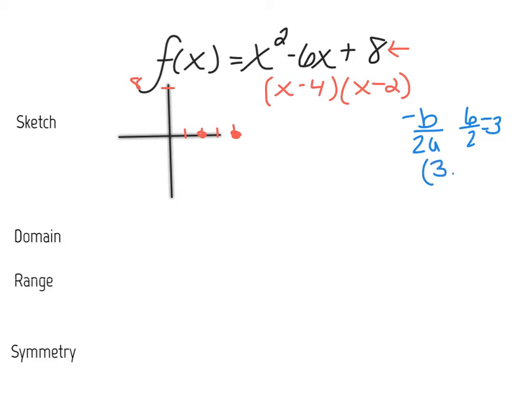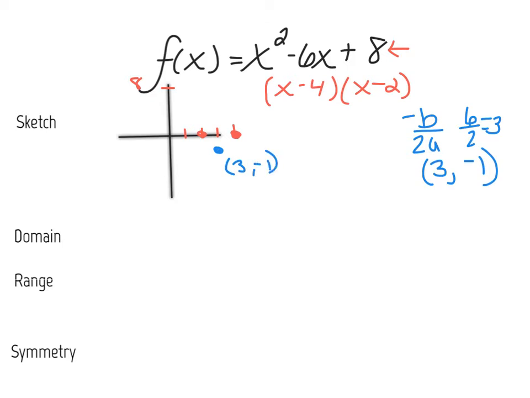If I plug in 3 into my function, I would get 9 minus 18, which would be negative 9, plus 8 would be negative 1. So my vertex is at (3, negative 1).